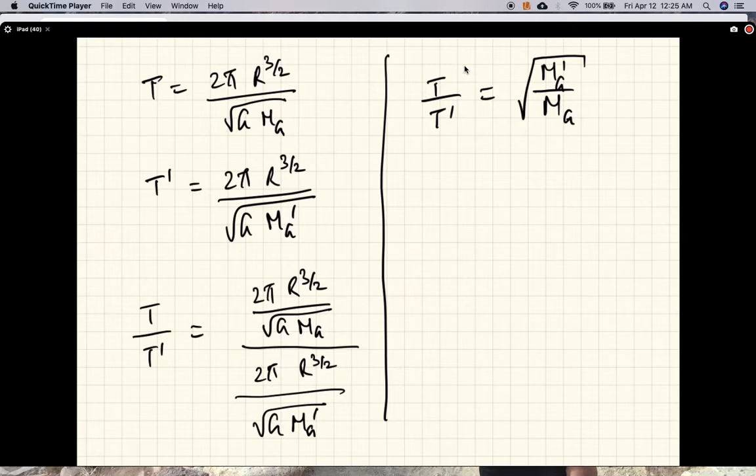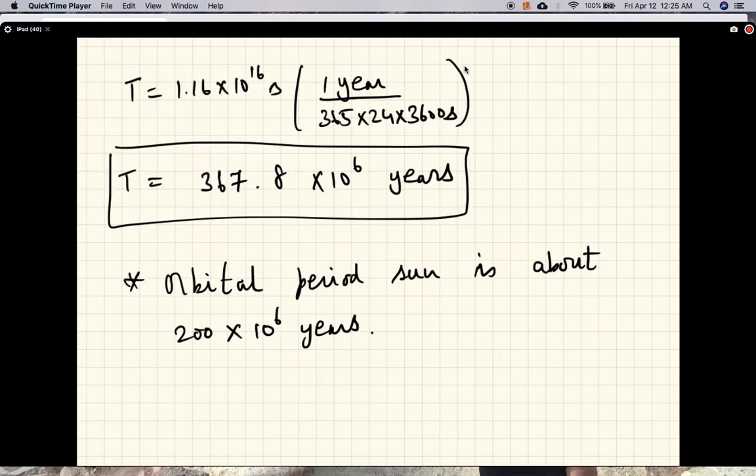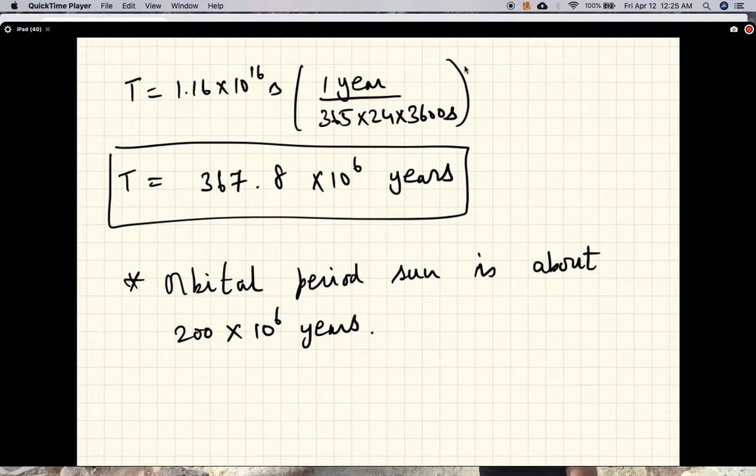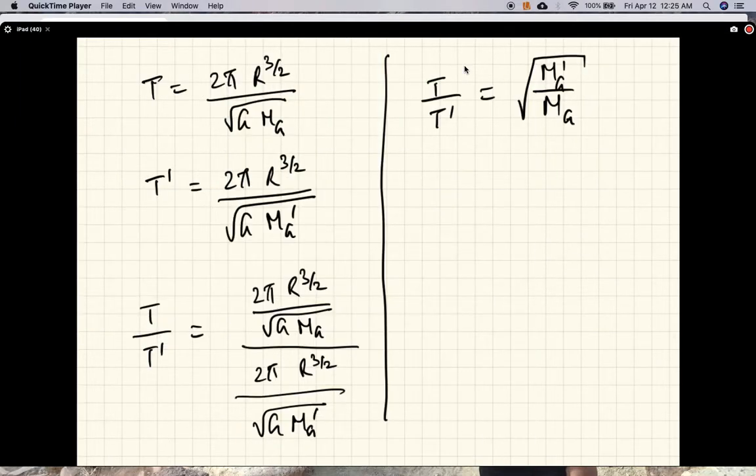So for this period, that should be the mass of the galaxy. Okay, so what does the problem say? If the period is 60 million years instead, what is the mass of the galaxy?